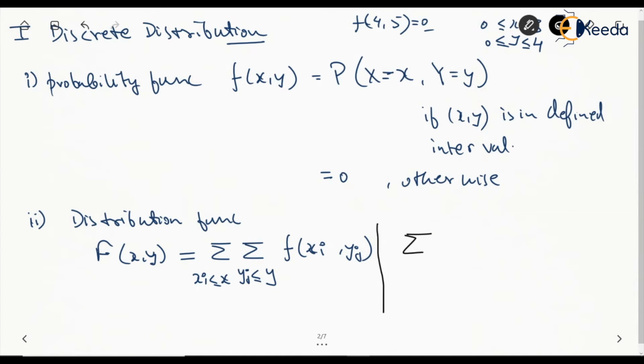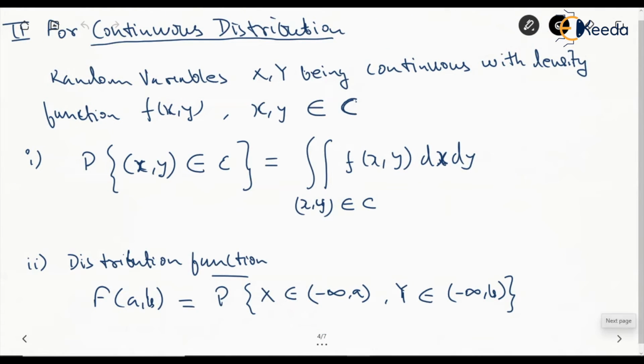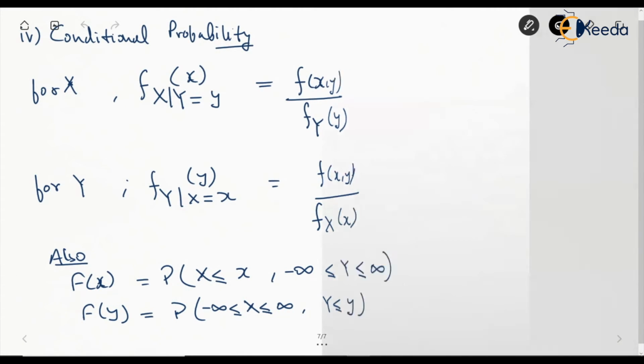And if we add all such terms, the sum over i and j of the function of x_i, y_j should equal 1. So all the possible values of x_i and all the possible values of y_j together, if we sum them up, we should get 1. In a similar fashion to the single-variable discrete or continuous random variable, like integrating should give 1, or the summation of all the possible values should give you 1. So we are doing the same thing here also.